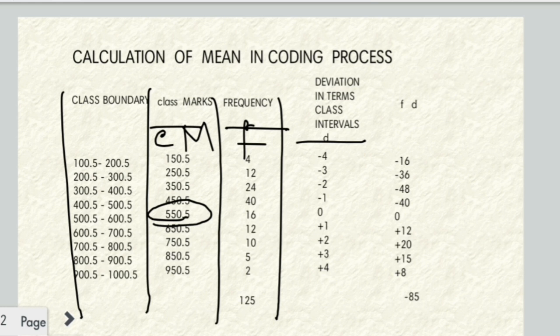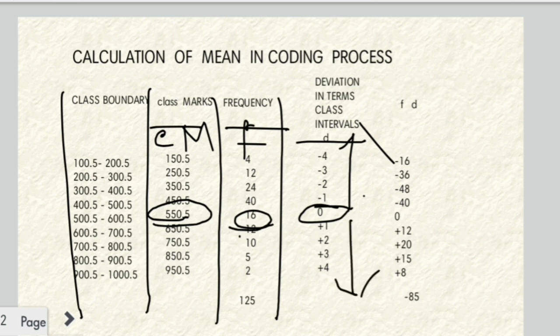In the frequency column we identify the middle observation of frequency and take 0, and the upper part of the data set is negative value and the lower part positive value.